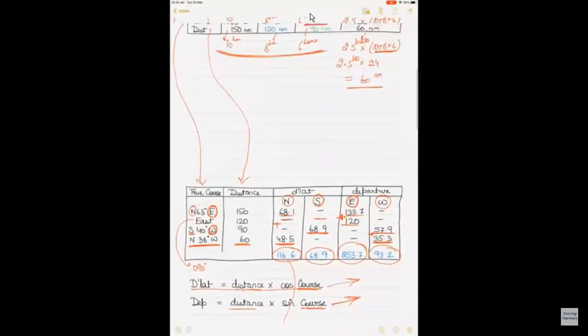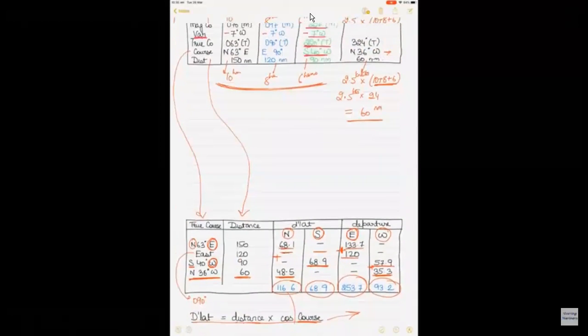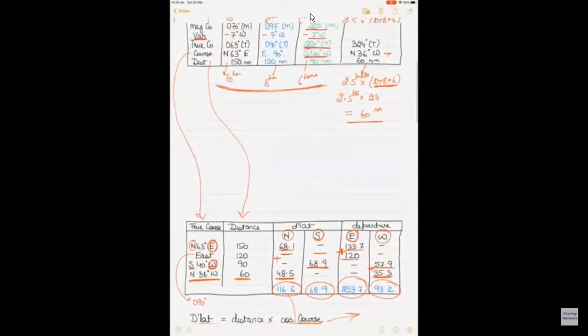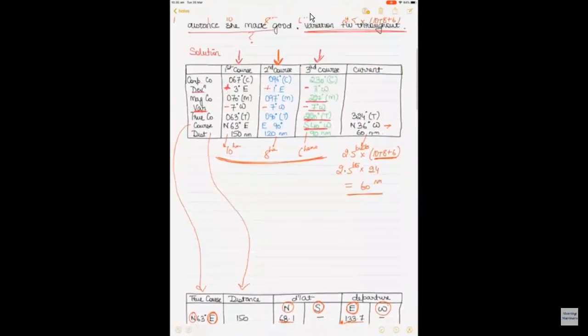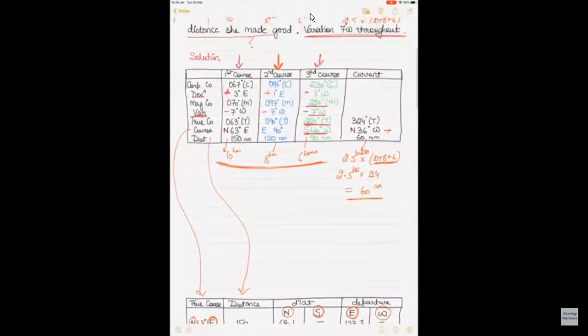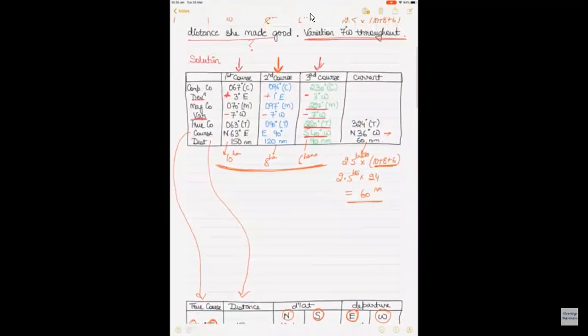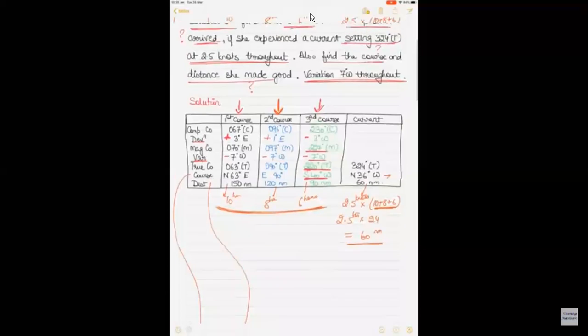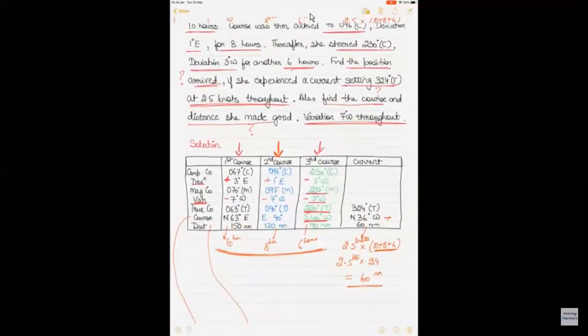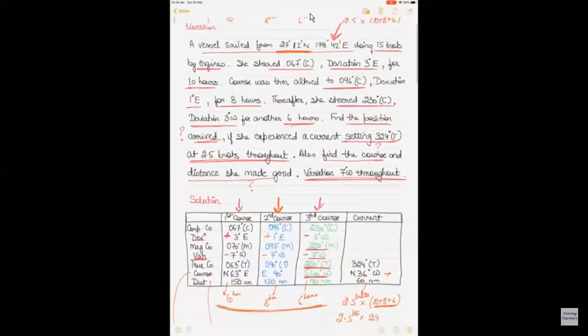But here we are doing it by formulas because distances are more, it might not fit in the chart, and it's simple calculations. Whenever you are given many legs, there is a chart work method which you could get confused with, like your missing course.